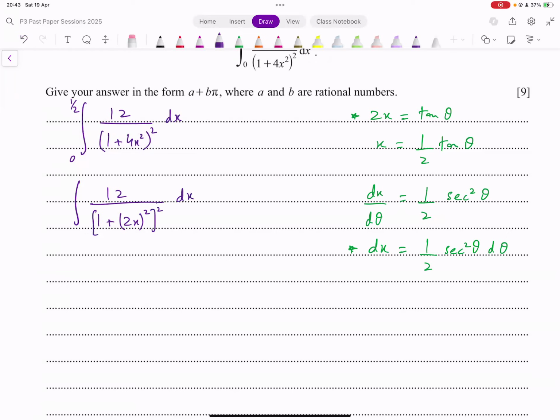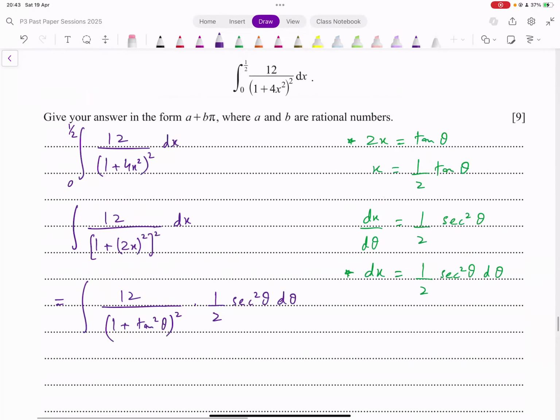We have dx outside. Let's put that substitution now. I'm going to replace 2x with tan theta. So it becomes 1 plus tan square theta whole squared in the denominator. Replace dx with this thing, so it becomes 1 over 2 secant square theta d theta. This is the integral that we're getting from this.